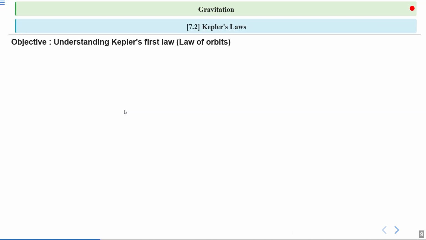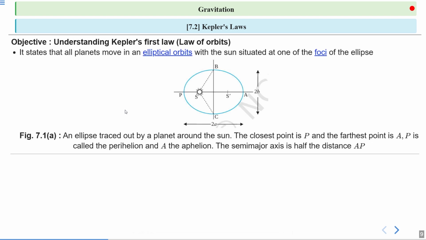So let's explore Kepler's first law, also known as the law of orbits. Kepler's first law states that all planets move in elliptical orbits with the Sun at one of the foci. This means that the path of a planet around the Sun is not a perfect circle, but an elongated circle or ellipse.